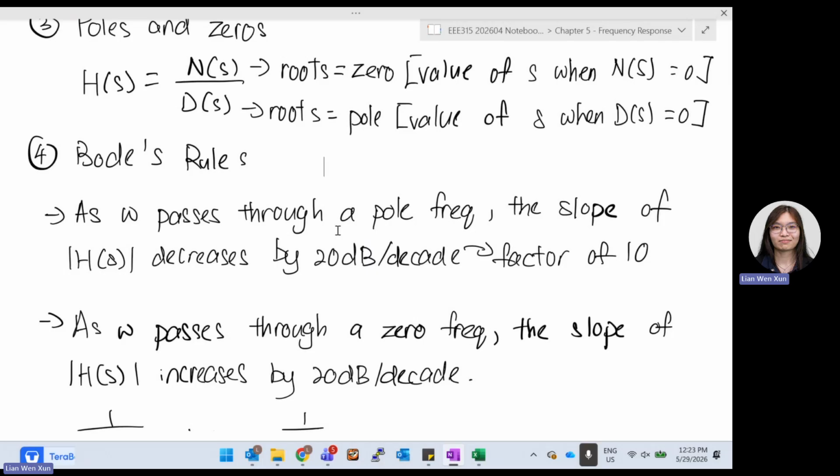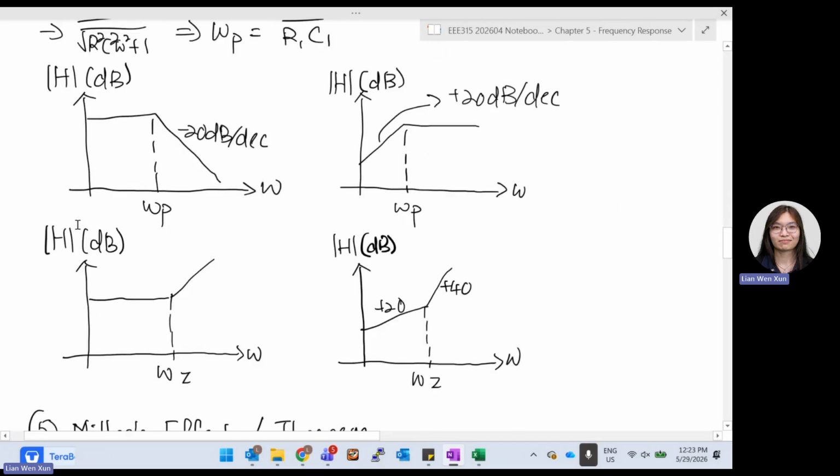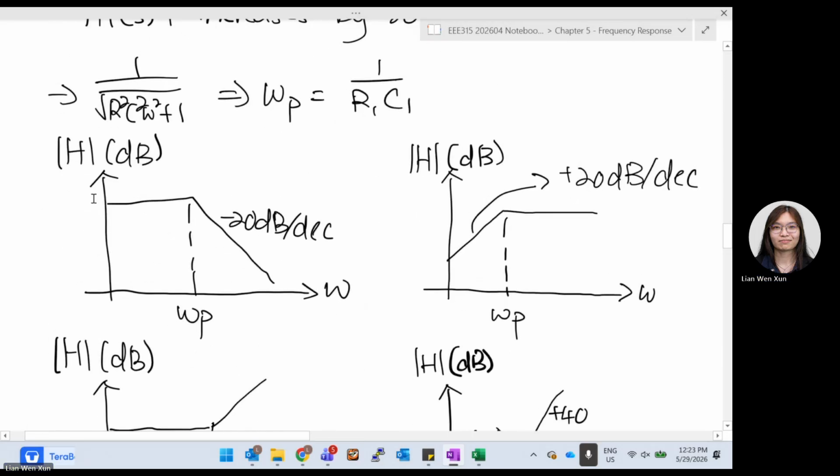Then it will drop by 20 dB per decade. Maybe some circuits have 2 to 3 poles, so whenever it sees one pole, it will drop by 20 dB per decade. But if omega passes through a zero frequency, the slope will increase by 20 dB per decade. So here is the representation.